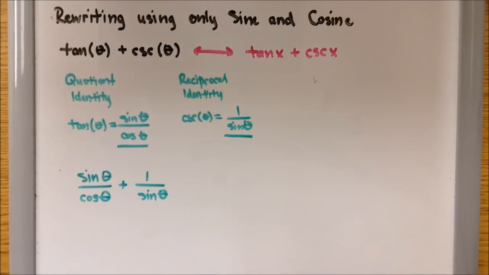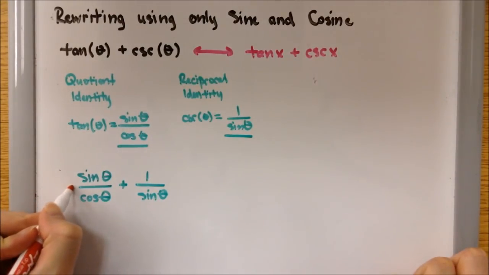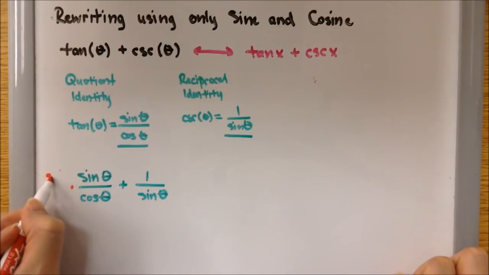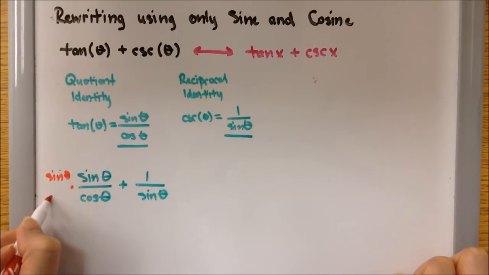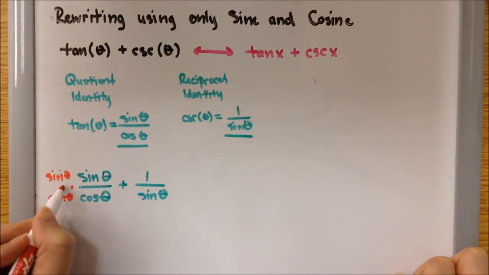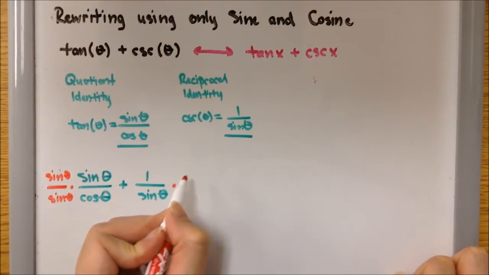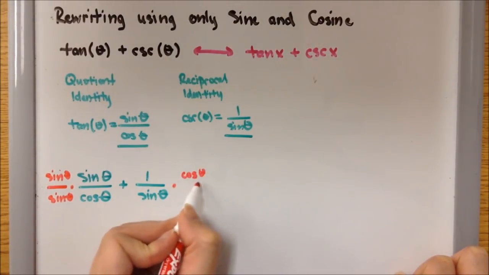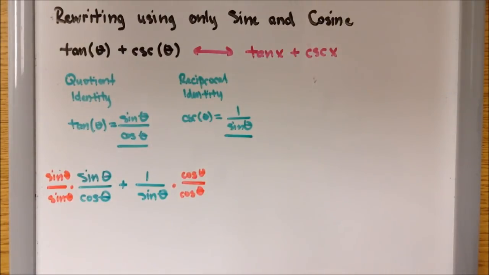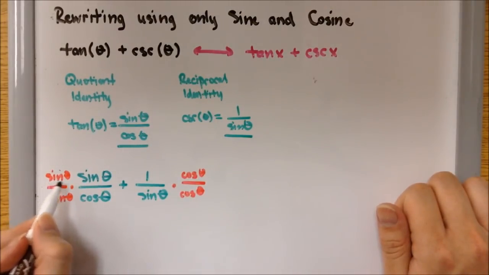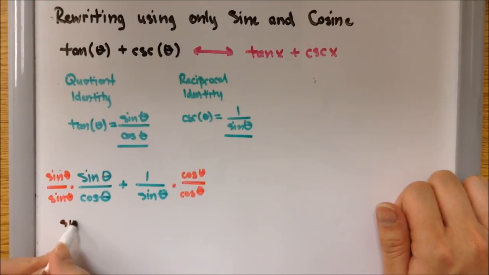So what I mean is, if I multiply the left side by sine top and bottom, and the right side by cosine top and bottom, then on the left side, sine theta times sine theta will be sine squared theta over sine theta cosine theta.